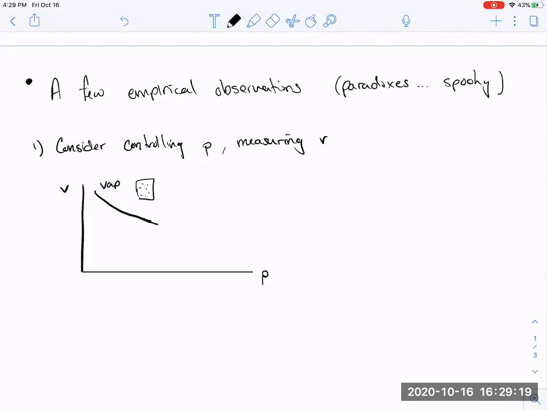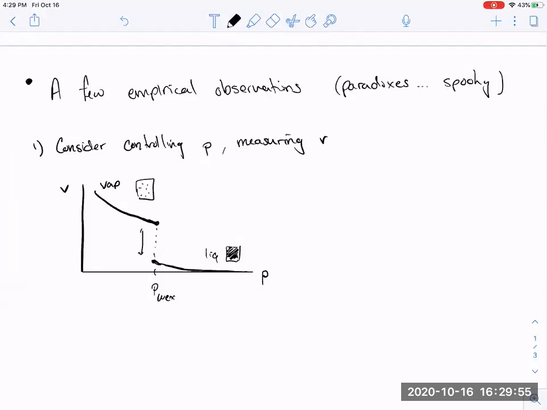would get to a point whereby if we compressed any further, rather than seeing a smooth change in the volume, we would see a discontinuous change. That discontinuous change would happen at a very precise pressure, called the coexistence pressure, and would result in the condensation of that vapor into a liquid.